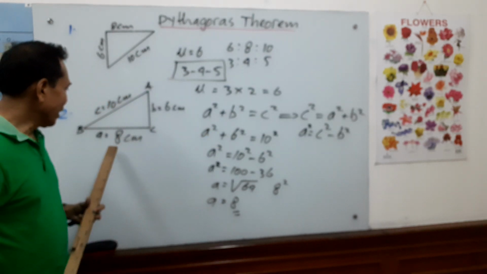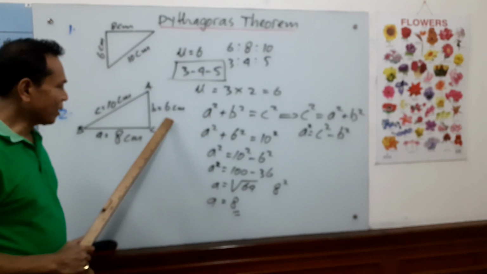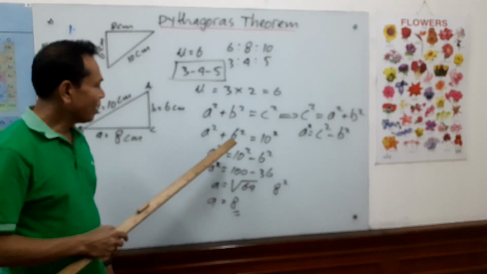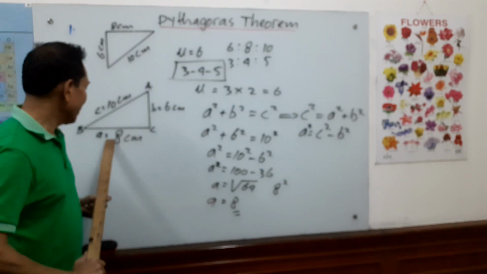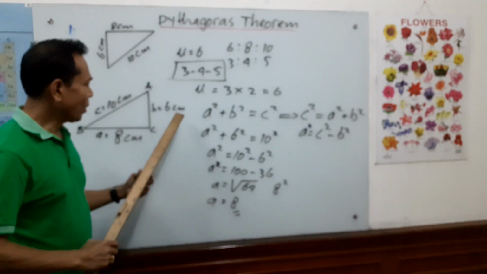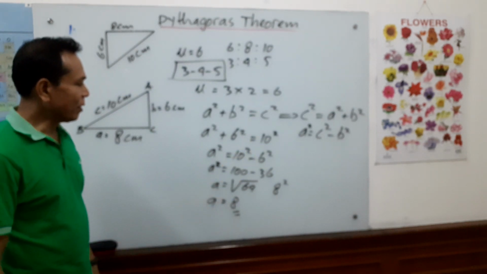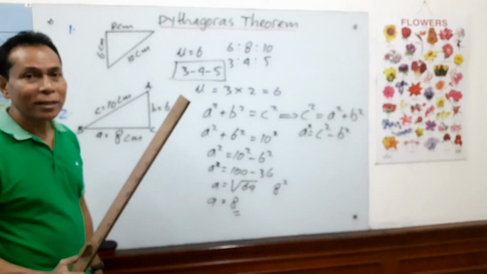So we have 8 centimeters here, and we have 6 centimeters here. So we put these numbers into the formula. So we have a square here, 8 square, plus this 6 square. We got 100, and the square root of 100 is 10.